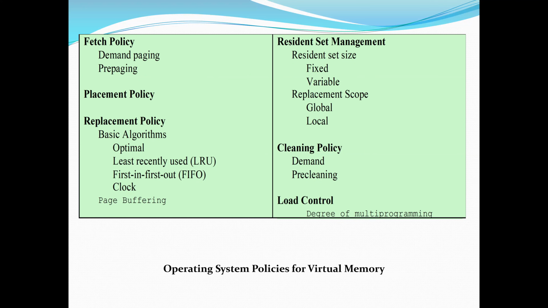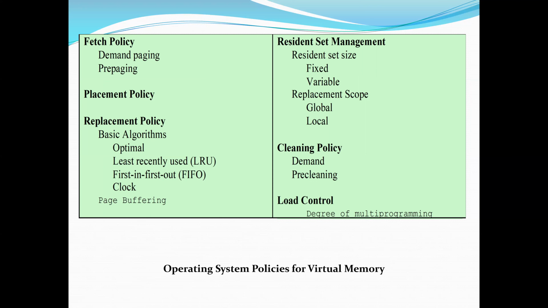So in all of the areas referred to in this table, there is no definite policy that will work best. And as we shall see later, the task of memory management in a paging environment is very complex.